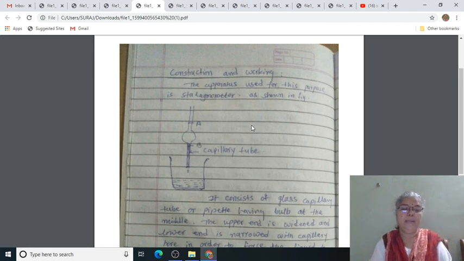The first is the drop weight method, and the second is the drop number method. And in the next lecture we will see the differential capillary rise method for the determination of surface tension.